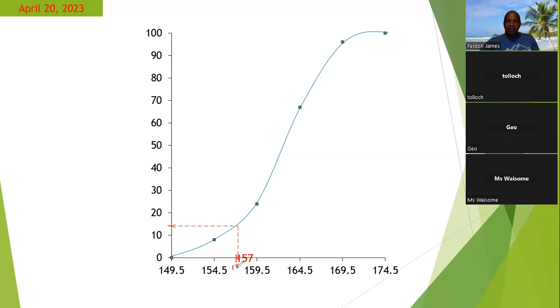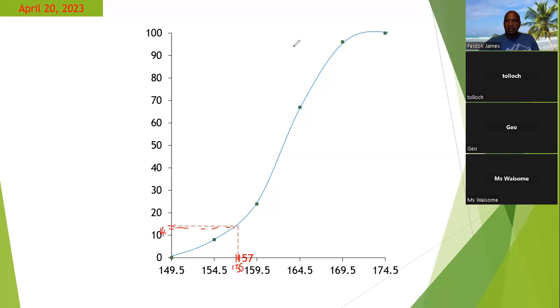So if we have 156 here, it means if we follow the same pattern up with our dotted line and come across, then this value would fall somewhere below 15. So we can safely say you would have about, say, 14 men with a height less than 157.